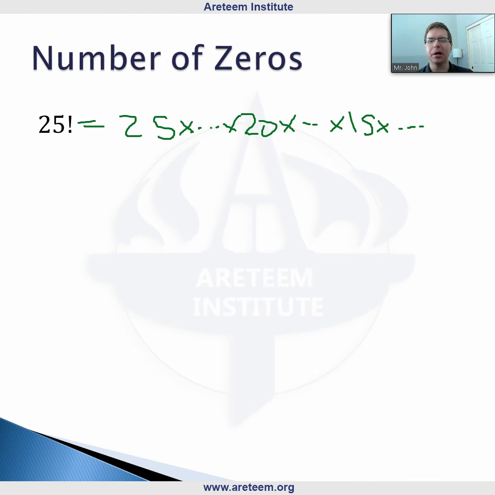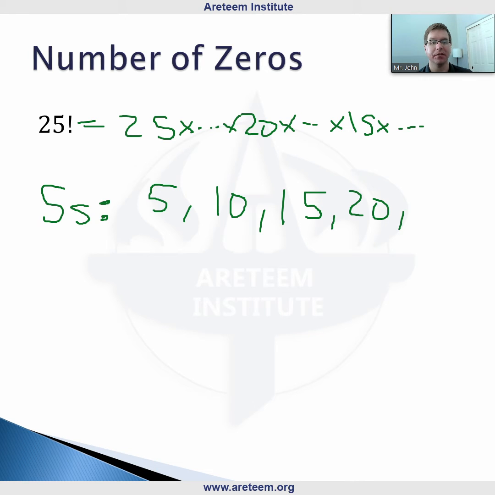So if we think about what powers of 5 we have, where do we have 5's? Well, we have a 5 in 5, and in 10, and in 15, and in 20, and in 25. So we have these 5 multiples of 5 in this 25 factorial when we're multiplying it all out.